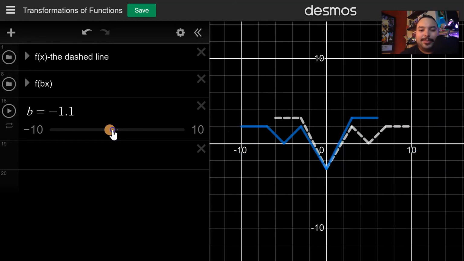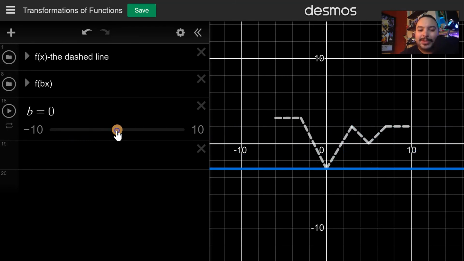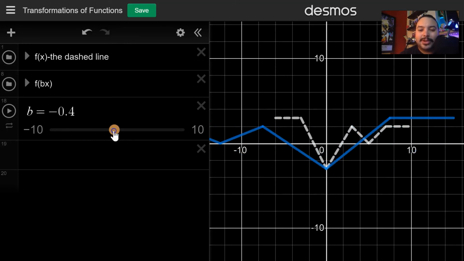But if we make b negative, you can see that we have what's called a horizontal reflection. It's reflecting across the y-axis. Now, as we make b a larger number in negatives, same again, we see a compression. If b is a negative number that's between -1 and 0, we get this stretch happening here.